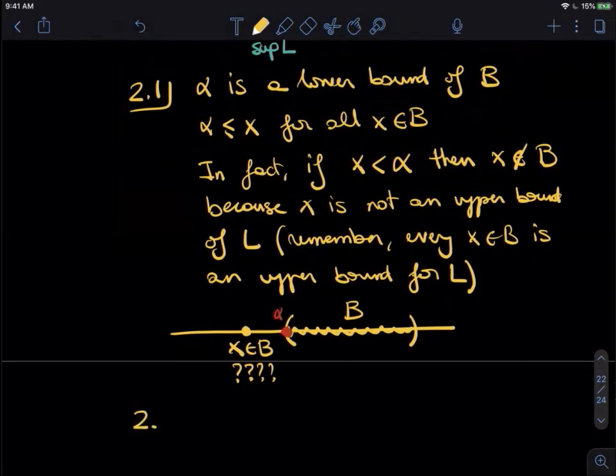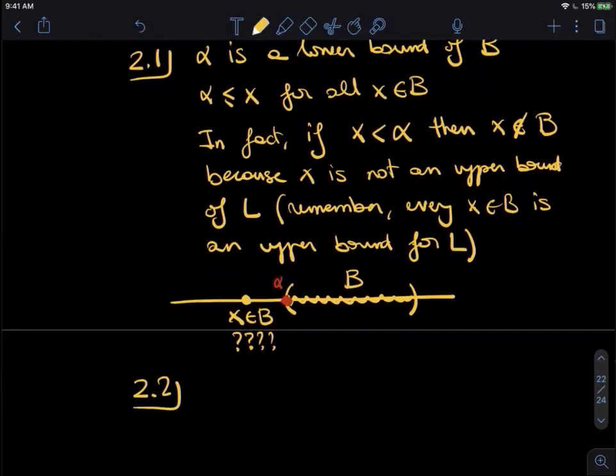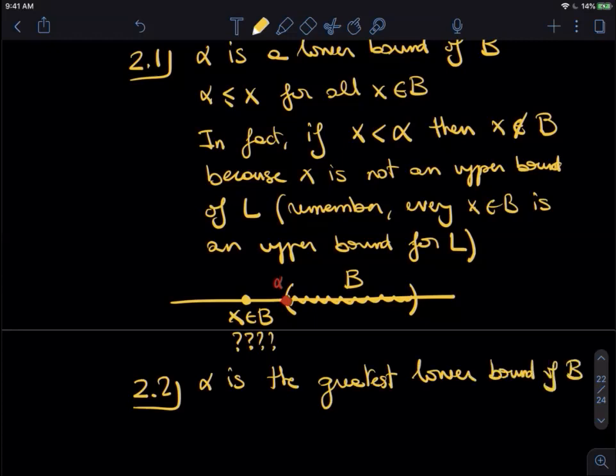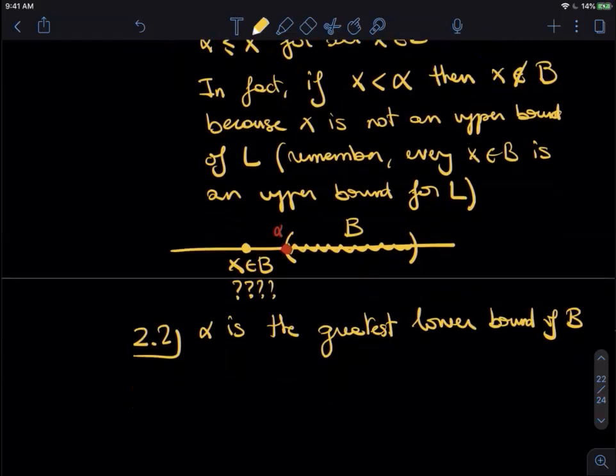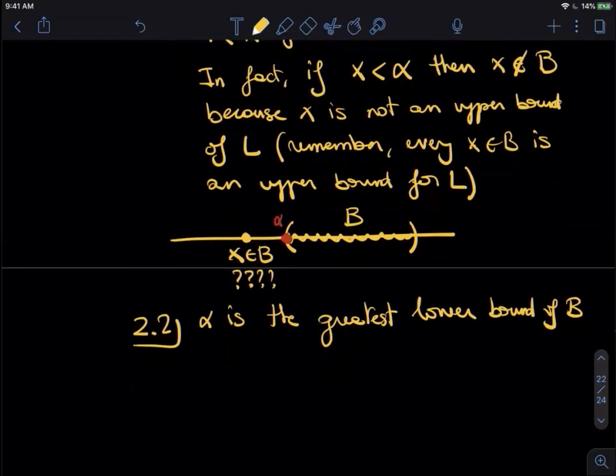Now, the second part is to show that alpha is the greatest lower bound of B. For this, it's very similar. Just consider another lower bound of B that is strictly bigger.